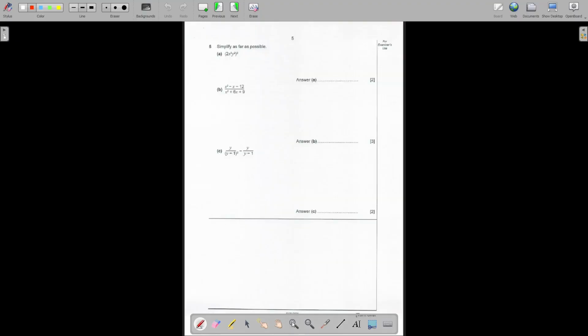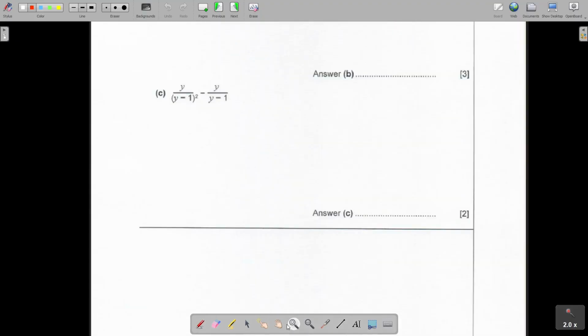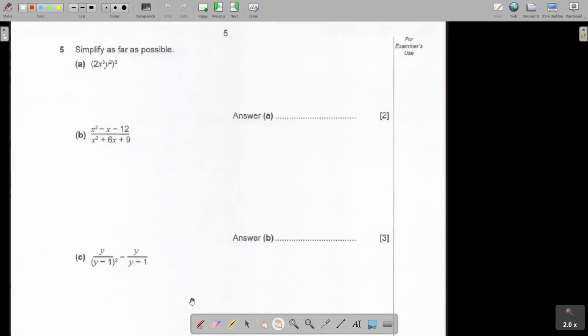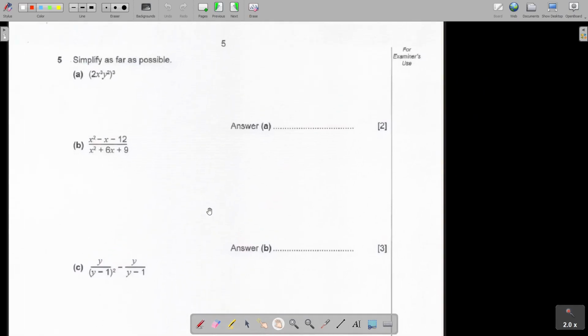Okay, and it's here. And let's start. Indices. Now, as I said, I want you first to do it the long way. So by writing it out, because if you look there, there's only 3. That means I must write out that bracket how many times? 3 times.